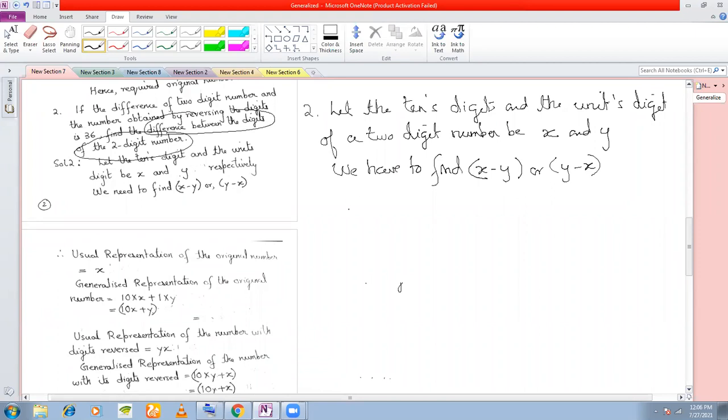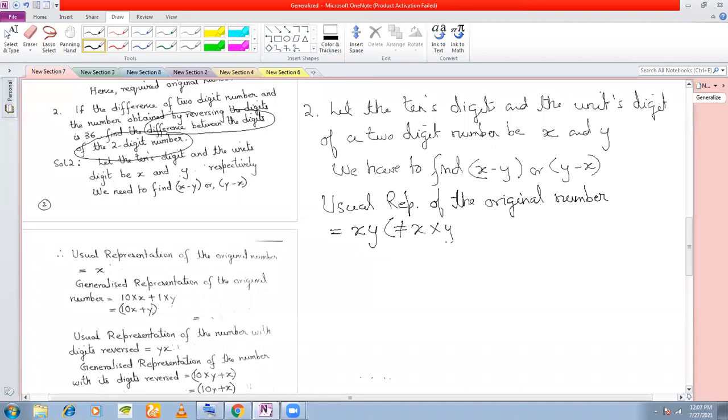Okay. So what is the original number here? Let's write the usual representation of the original number. X is the tens digit, so write x first and then y. This is the usual representation. Obviously, this does not mean x into y.